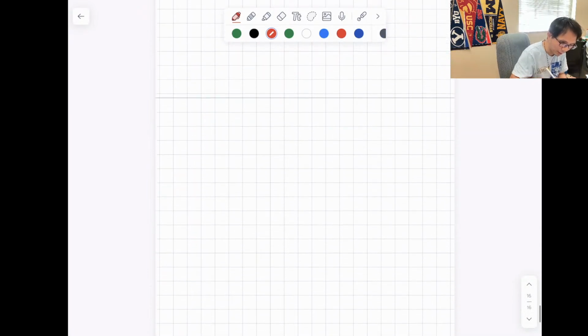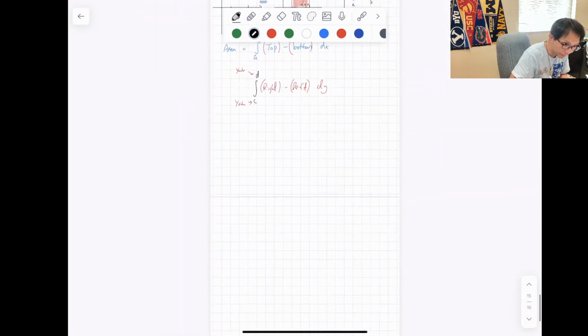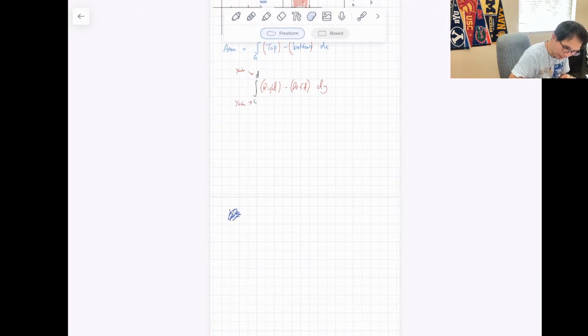So we're gonna start with one of the functions. Can you graph this function? I'm gonna delete this. It's y equals x squared plus 2. And the blue function is gonna be y equals negative x, and x equals 0, x equals 1.